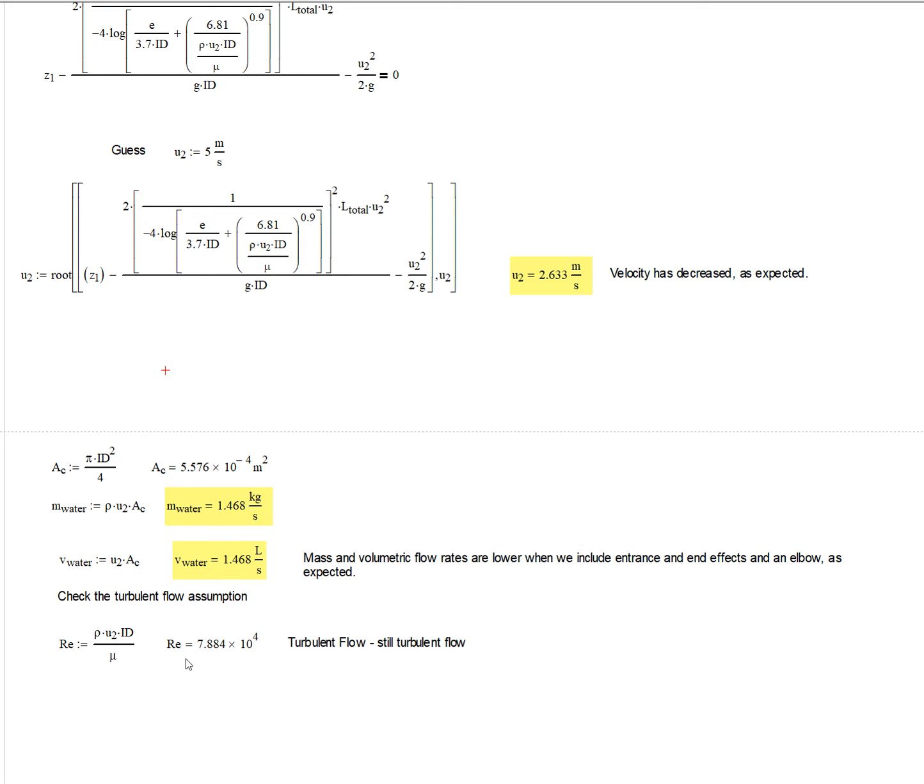And again, I didn't mention this, but it's pretty obvious that we need to check our assumption for turbulent flow, and we were quite safe with that assumption. We do have turbulent flow. So again, frictional losses due to fittings can be significant and can have a significant effect in your process fluidic calculations. So be careful if you assume that they're 0.